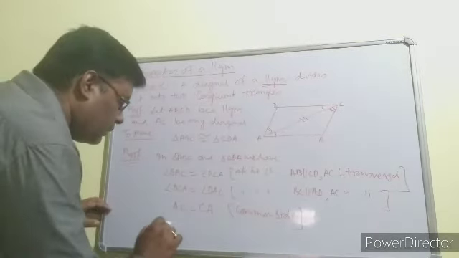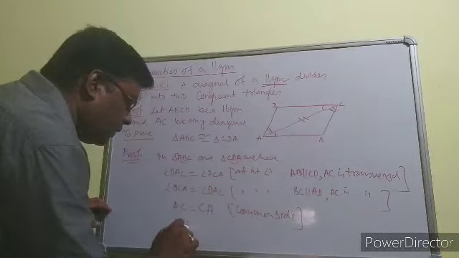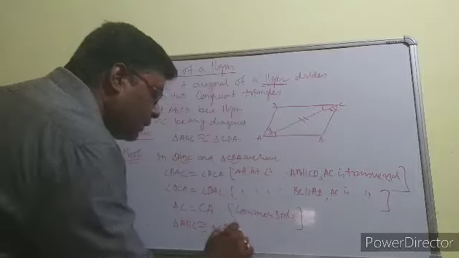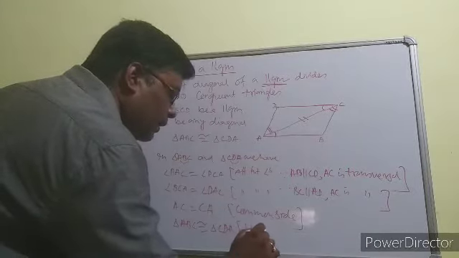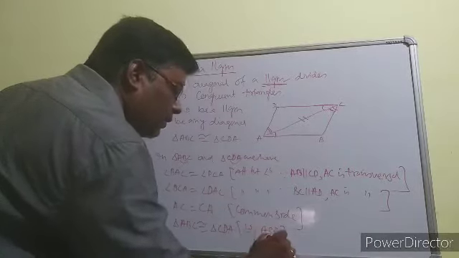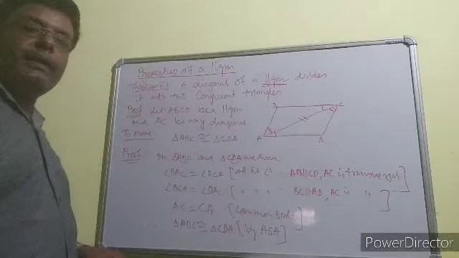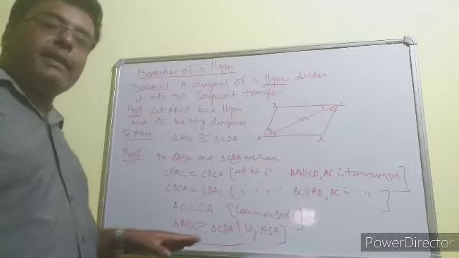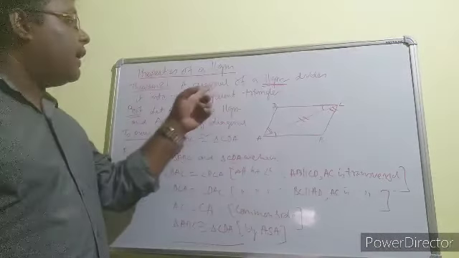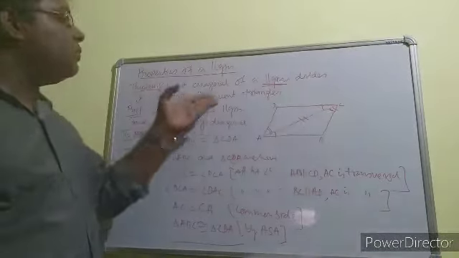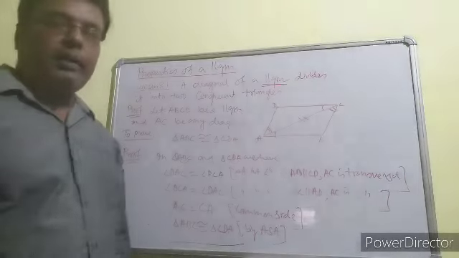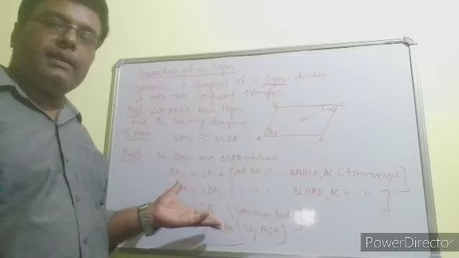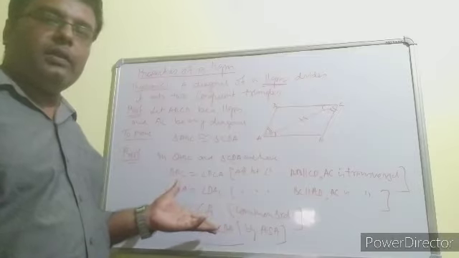Therefore, triangle ABC is congruent to triangle CDA by the angle side angle criteria, or congruence rule. And write that a diagonal of a parallelogram divides it into two congruent triangles. So, an easy sum.